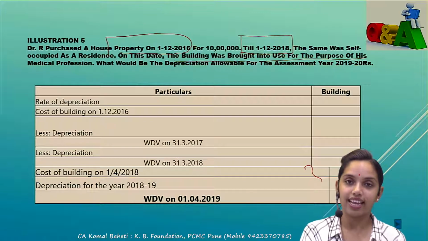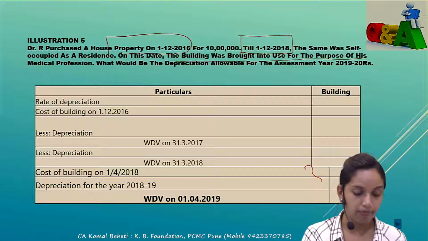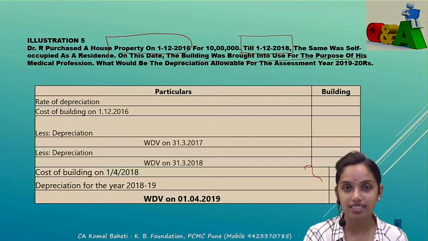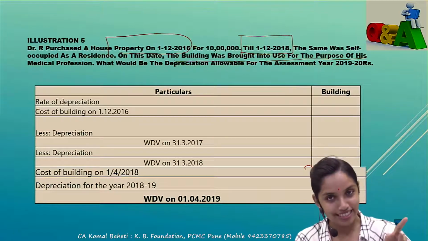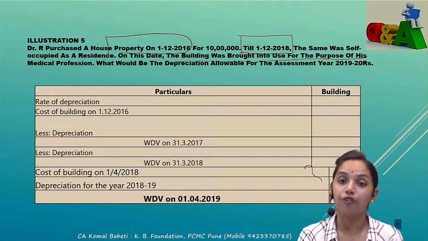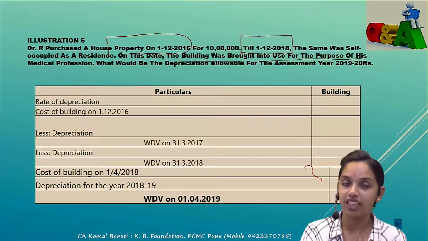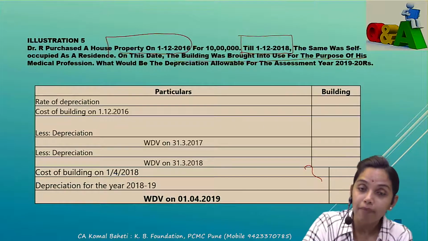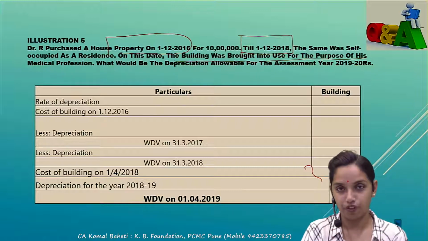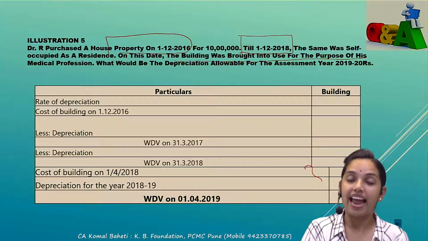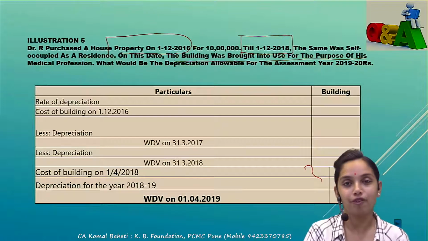So in this case, for 16-17 and 17-18, the asset was used by Dr. R for personal purposes. So you need to reduce the notional depreciation for 16-17 and 17-18 from the cost of acquisition. Whatever WDV you get after reducing the notional depreciation becomes the actual cost for the profession. In the block of assets of the profession, the building would be added at the WDV after reducing the notional depreciation from the actual cost.